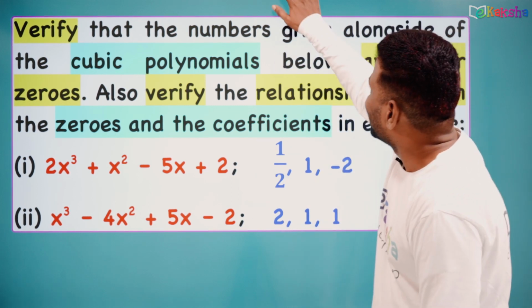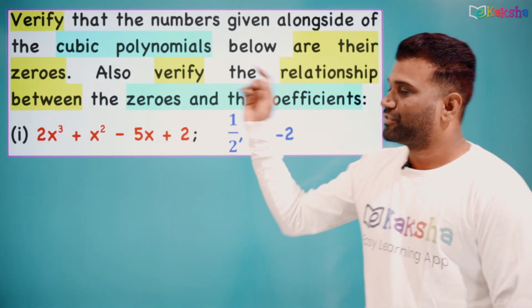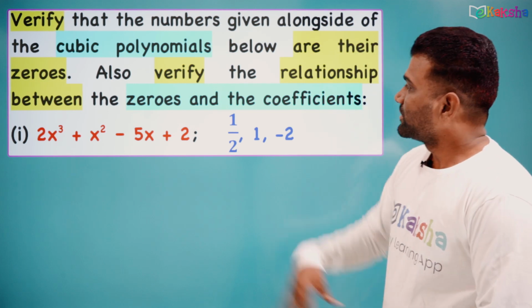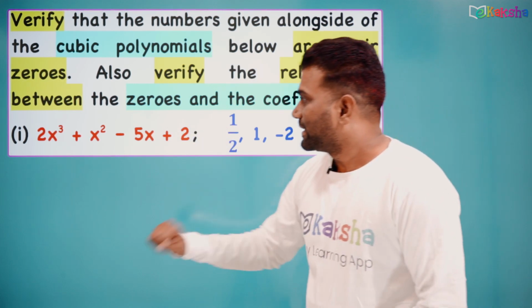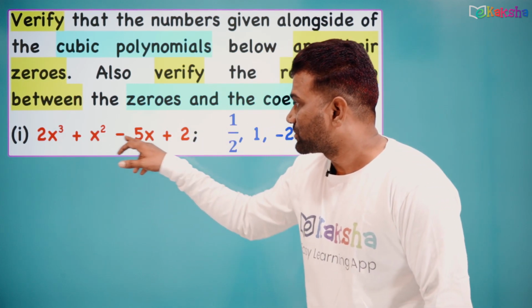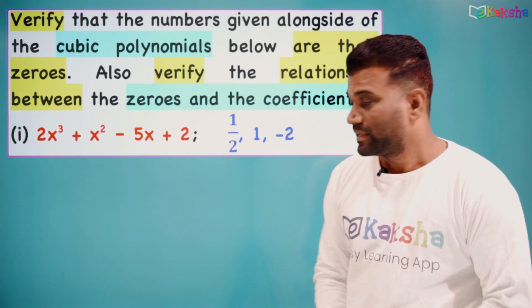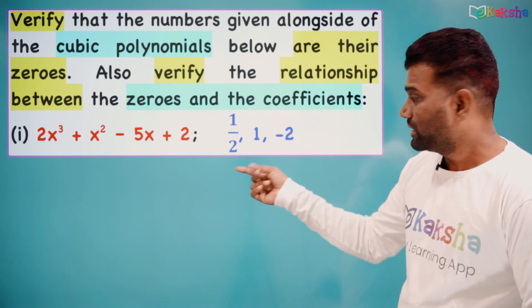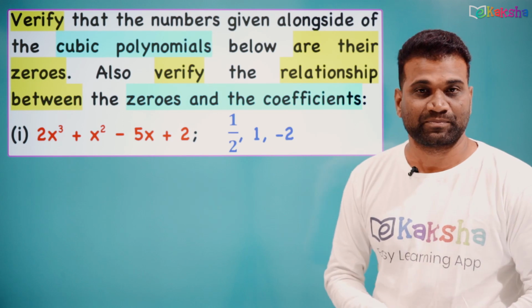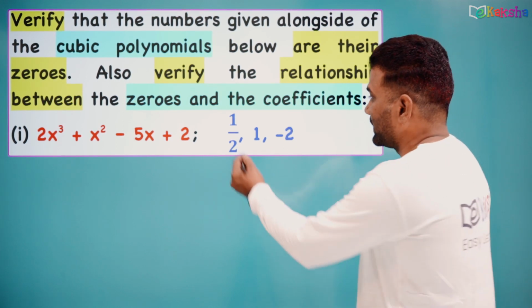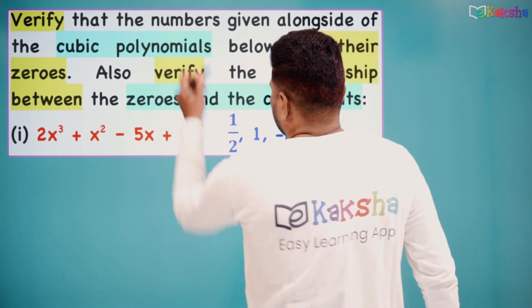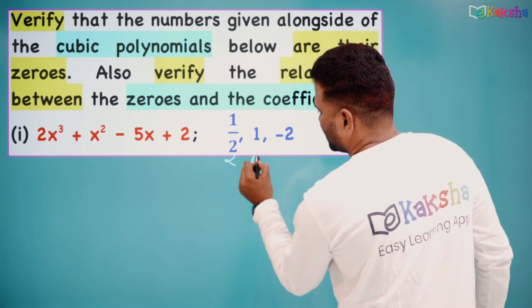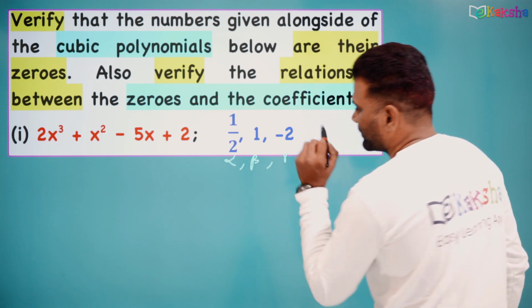Okay, here our first one. The polynomial is 2x cube plus x square minus 5x plus 2, and the given numbers are half, 1 and negative 2. Let us take this as alpha, this as beta, and this as gamma.